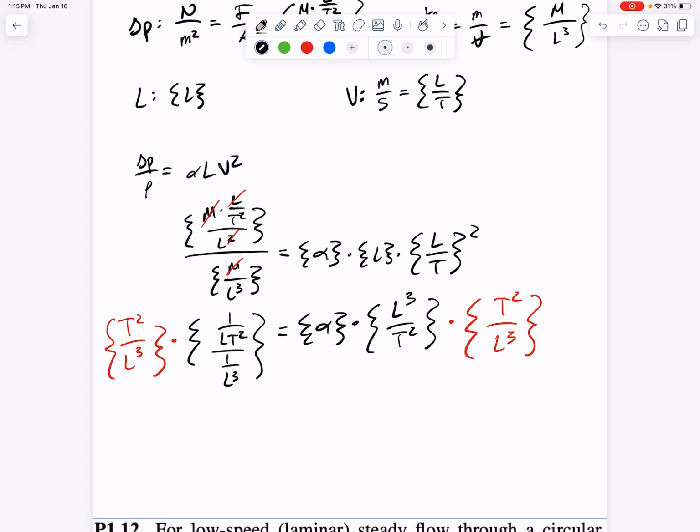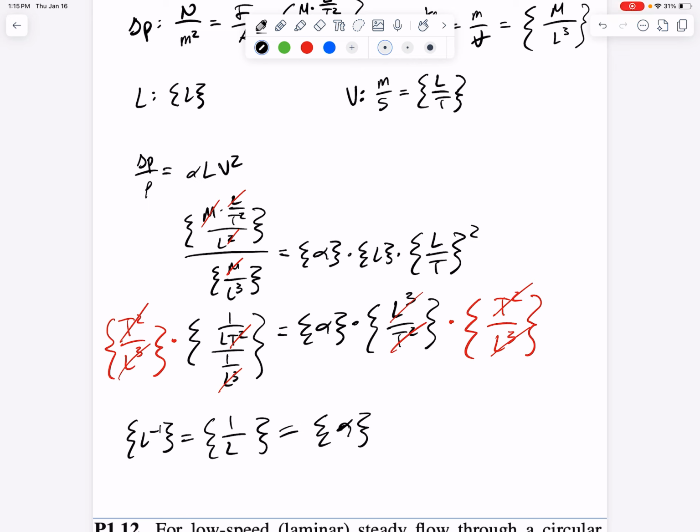So the following units will cancel out, and as a result, I'm left with the following. Alpha is equal to the units of 1 over L, which is L to the minus 1. And this kind of makes sense because alpha is associated with the Darcy friction factor, and this term is a coefficient of our kinetic energy term. And that's the units of alpha.